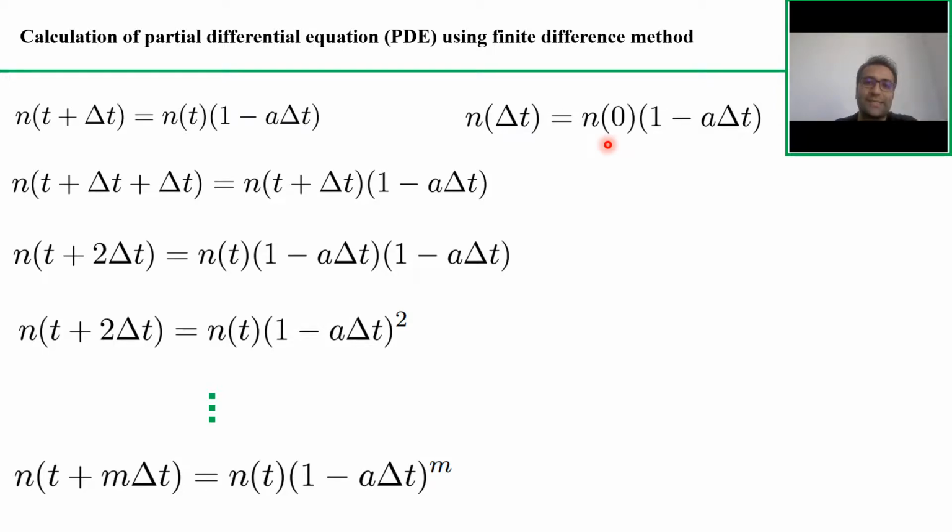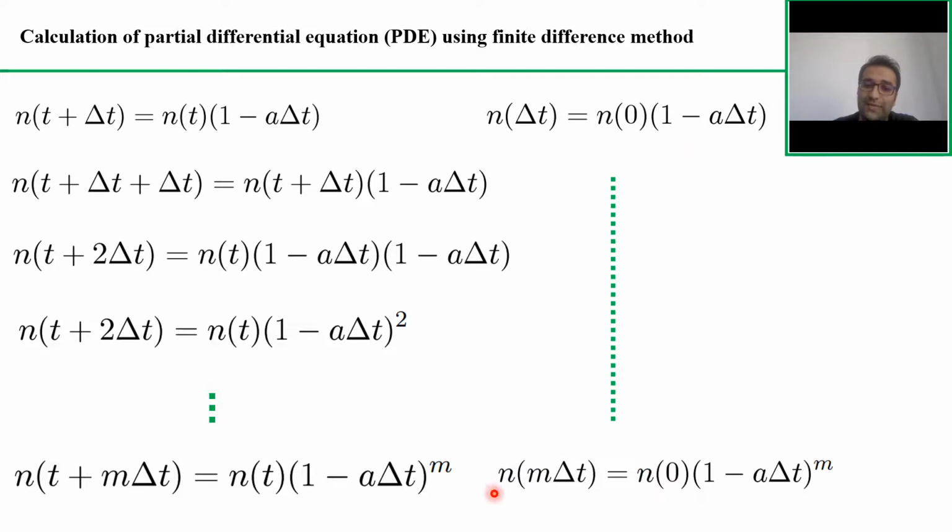So the value of the function at a very small time step after the initial time will be equal to N0 multiplied by (1 minus a delta t). In the same way, the value of the function at n delta t will be equal to the value of the function at the initial point multiplied by (1 minus a delta t) to the power of n.